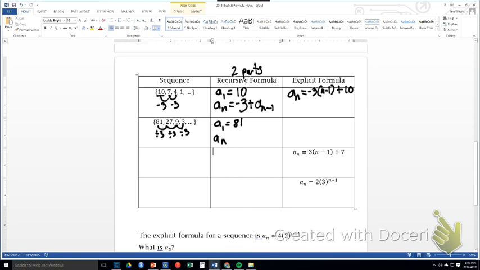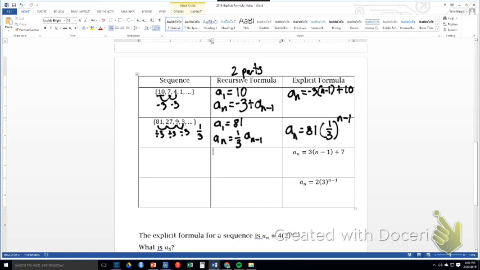And so looking at that, I am multiplying by 1/3. So an is going to equal 1/3 an minus 1. The explicit formula, an equals, well, I start with 81 times 1/3. And then normally it's an x, but because it's a sequence, we start with 1. We do n, take away 1.